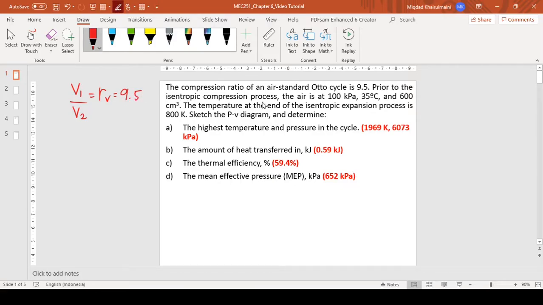Prior to the isentropic compression, meaning at state 1, the air is at 100 kilopascal, 35 degrees Celsius, and 600 cubic centimeters, the volume in units of cubic centimeter. And then the temperature at the end of the isentropic expansion process, so this is state 4.